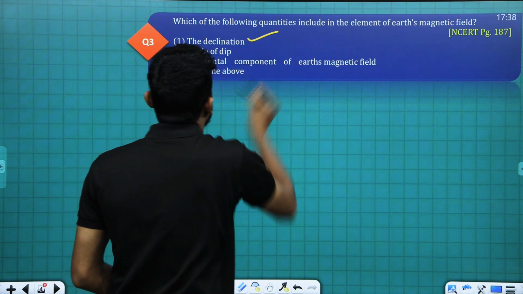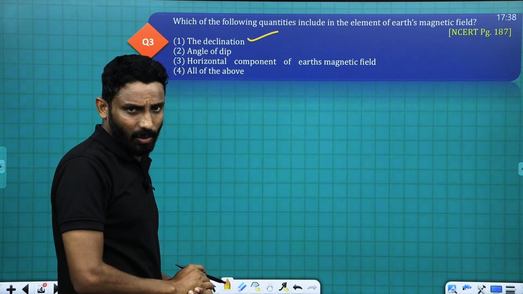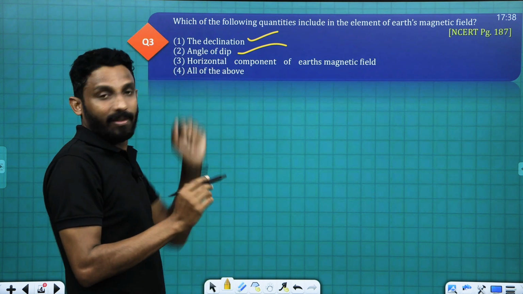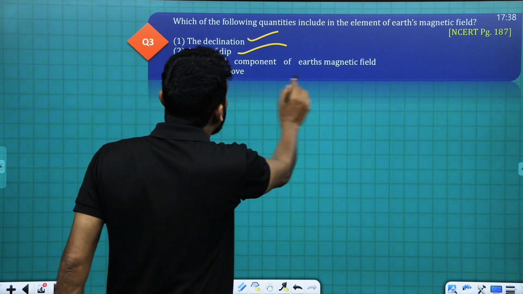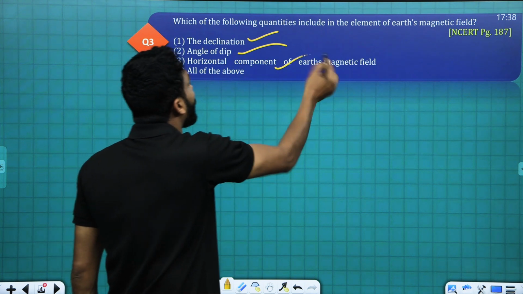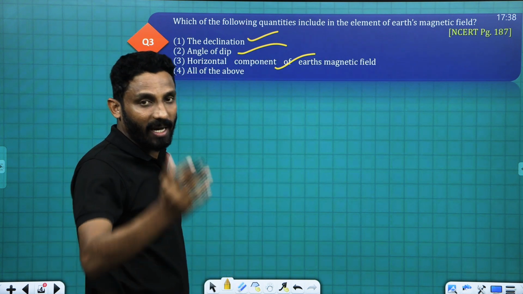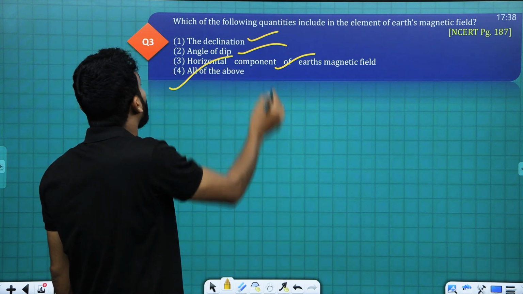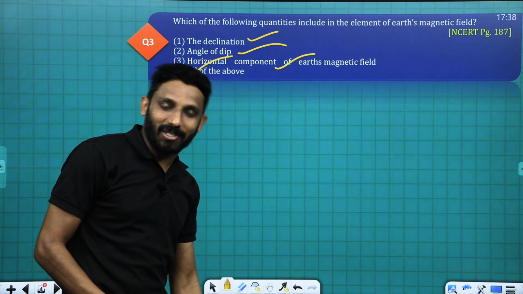So declination, angle of dip (also called inclination), and the horizontal component of Earth's magnetic field are the 3 elements of the magnetic field at any point on the Earth. So all of the above is the answer.